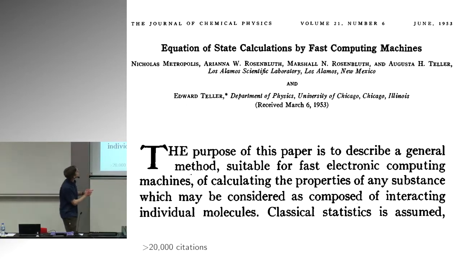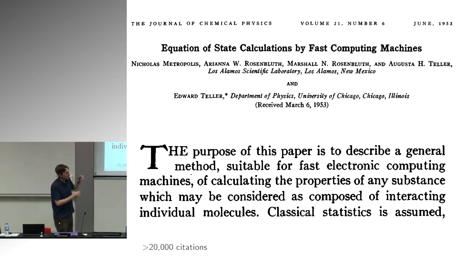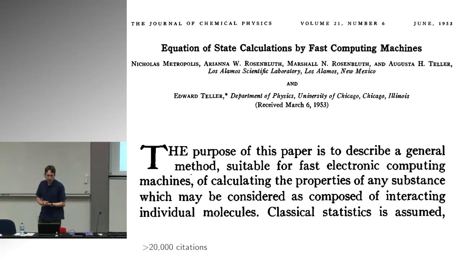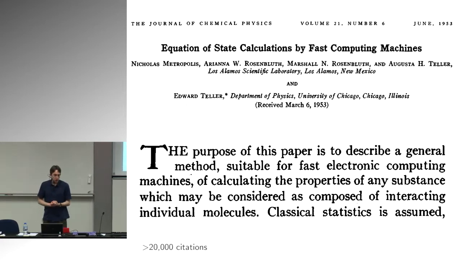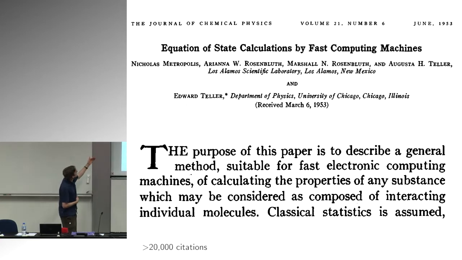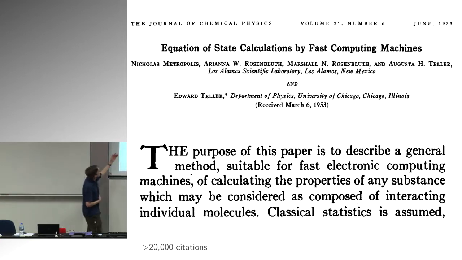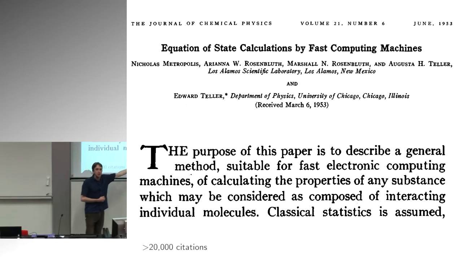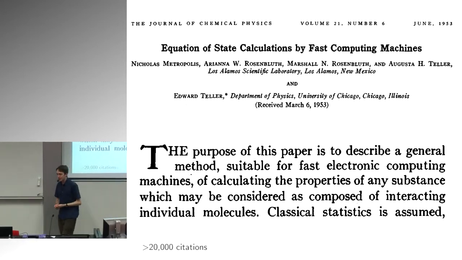According to Rosenbluth, Edward Teller, one of the fathers of atomic weapons, had this brilliant idea that, in order to understand physical systems, as it modestly describes in the paper, they have a method to calculate the properties of any substance. It's a pretty big claim.